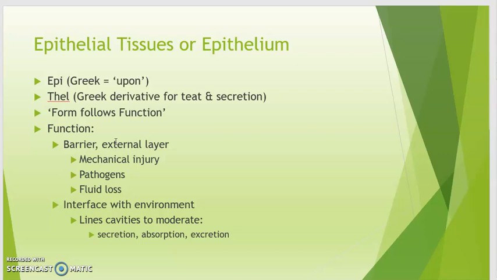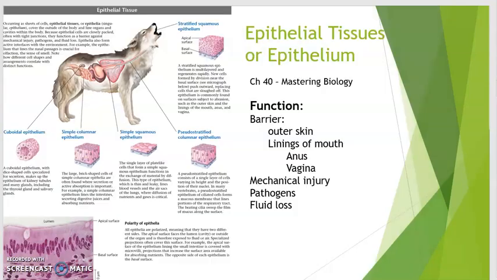Another function would be to let that sheet that is laying over the organ interface with the environment, so the organ doesn't have to interface with the environment. This epithelial tissue will do that instead, and it will moderate secretions, absorptions, excretions of that organ. The organ has enough to do.